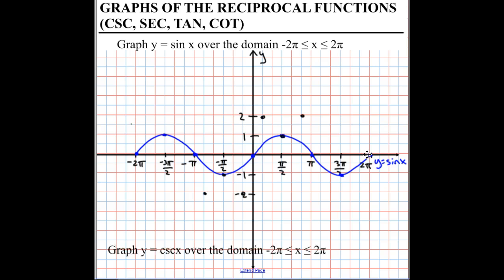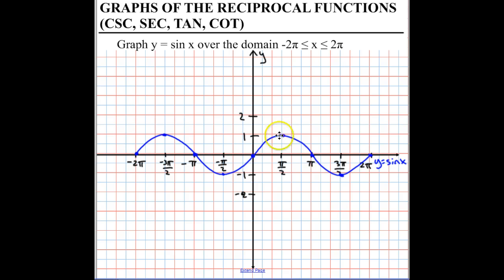Okay, so the next thing we're going to do is graph the cosecant function, which you know is the reciprocal of the sine graph. So what we're going to think about is what are some easy points on this sine graph to take the reciprocal of. A couple points I'm thinking about right here are 1. Certainly that's easy to get the reciprocal of. So we know that's a point on the reciprocal graph, the cosecant graph.